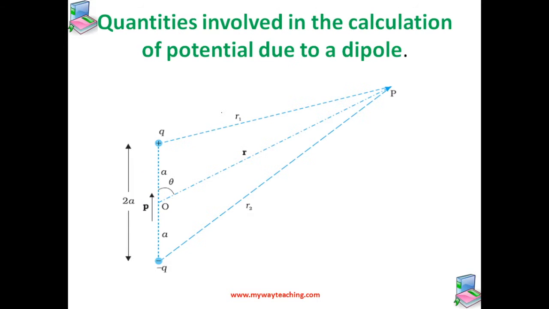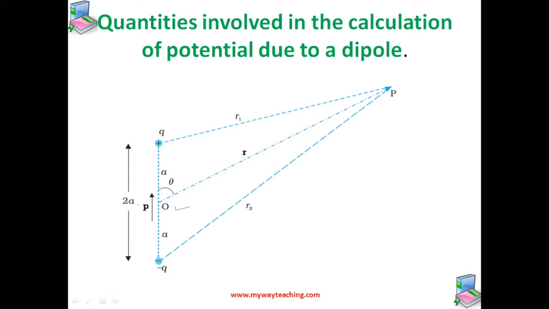So for that, you take the origin at the center of the dipole. Here, this is a dipole, plus q and minus q, separated by 2a, and we are considering the origin at the midpoint of the dipole. Now we know that the electric field obeys the superposition principle, and potential is related to the work done by the field.